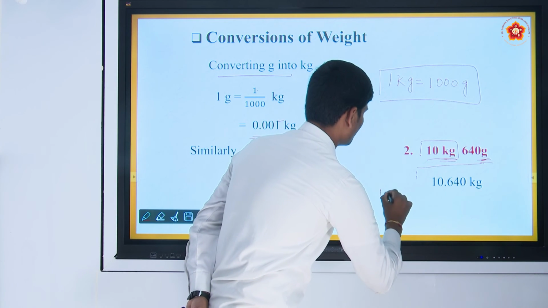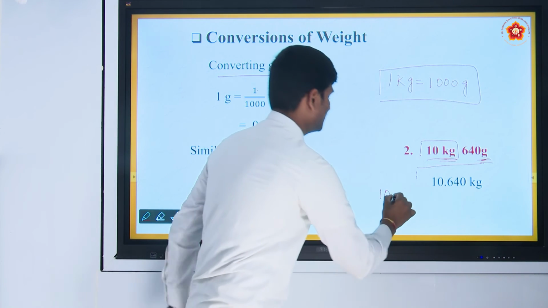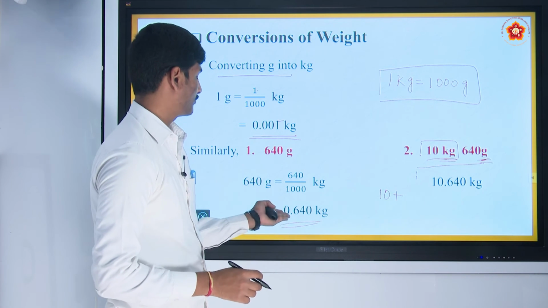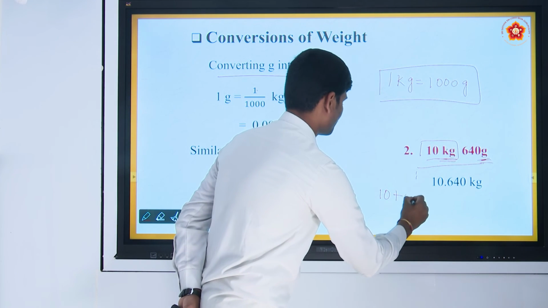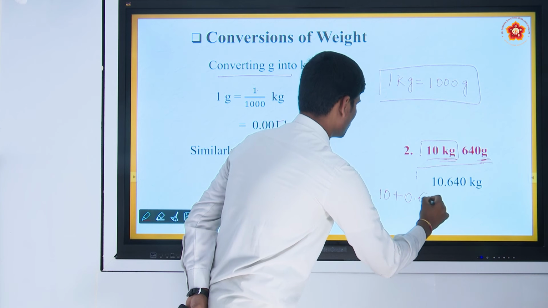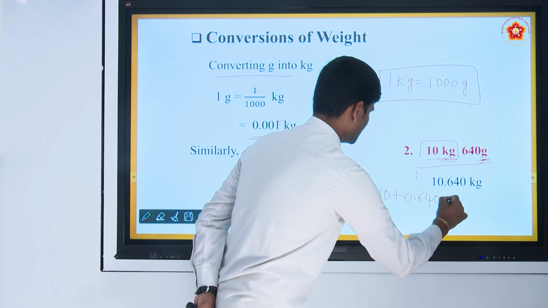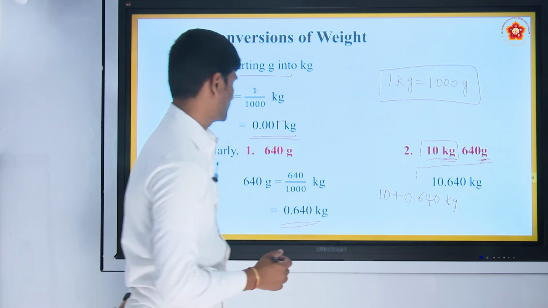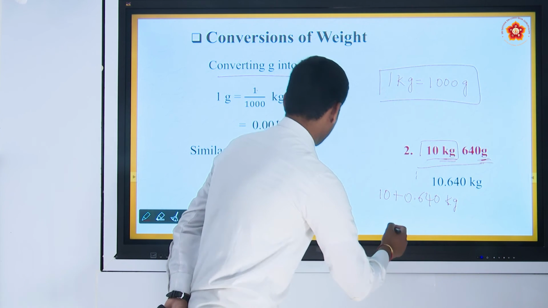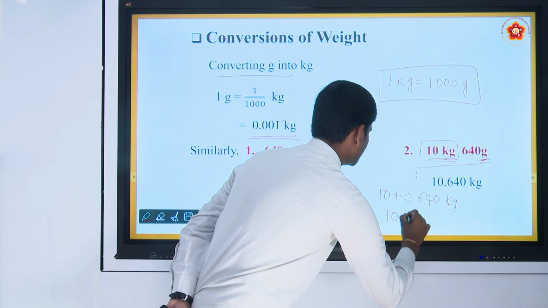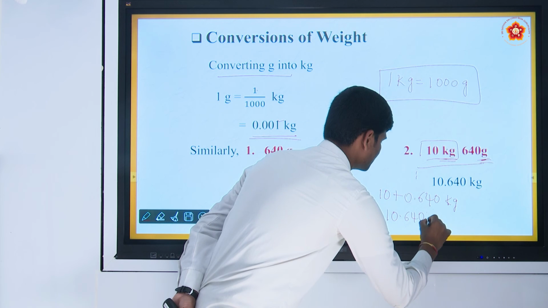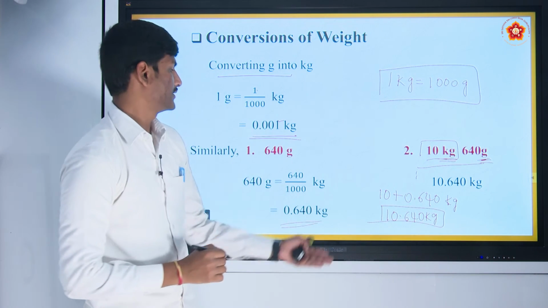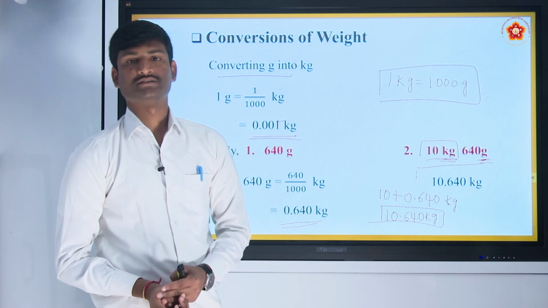Here 10 plus 640 gram, which is 0.640 kg. 10 plus 0.640, we add both, and the final answer we get is 10.640 kg. Okay.